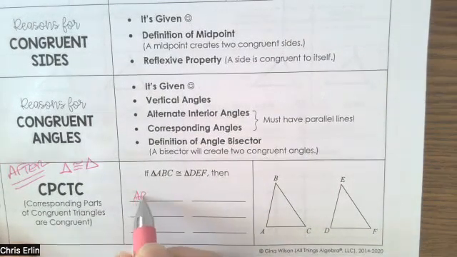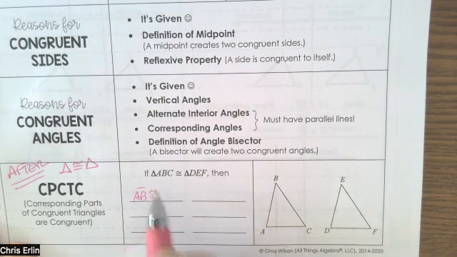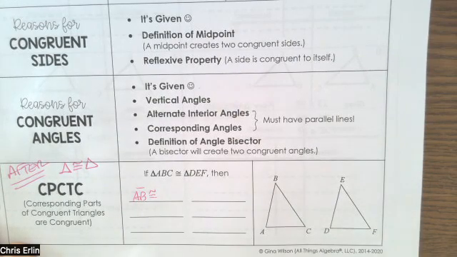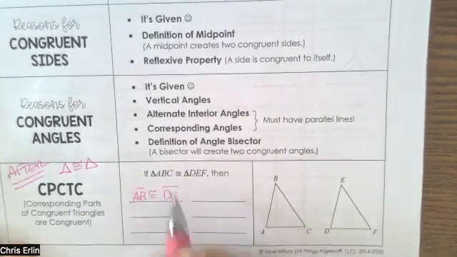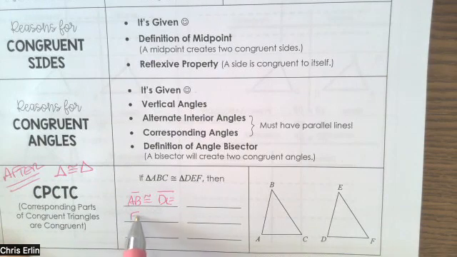So for example, if I want to find out which side is congruent to AB, what would I say? First two letters here, first two letters here. What if I wanted to find the matching one with FD? Good.